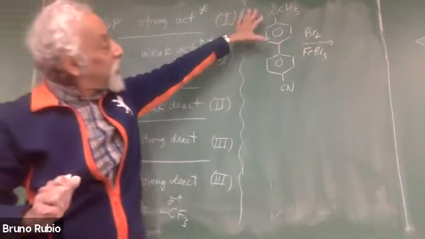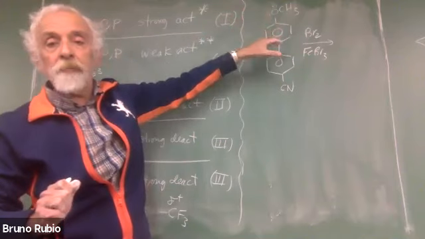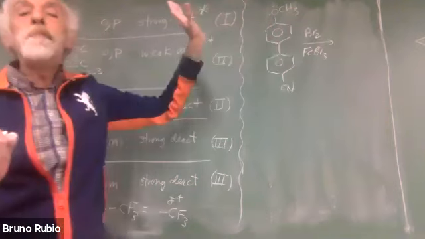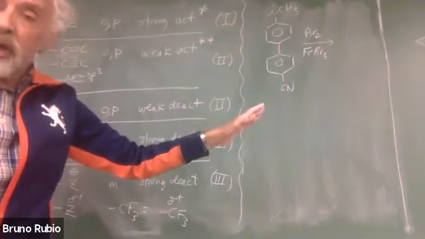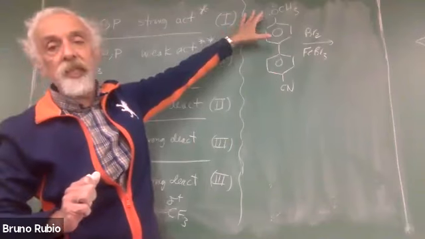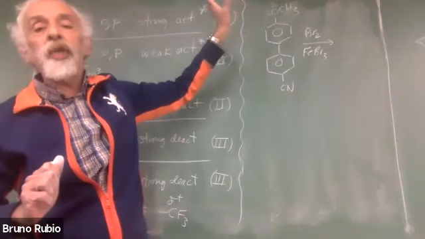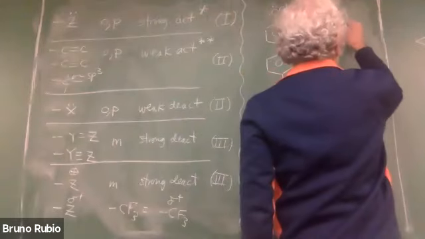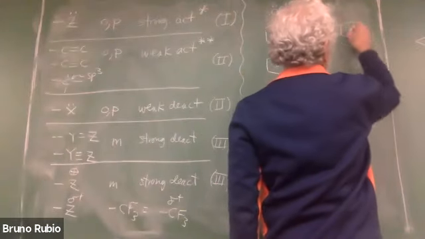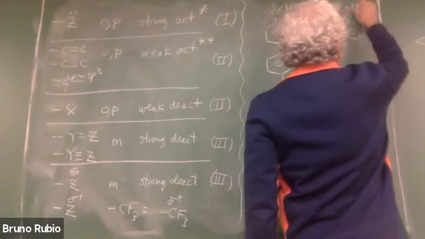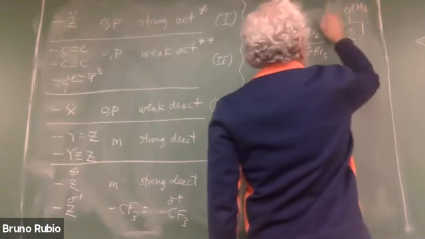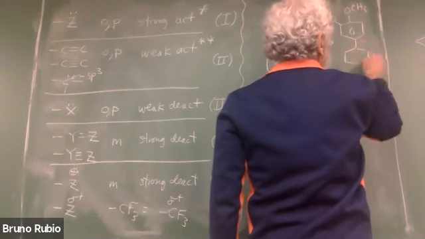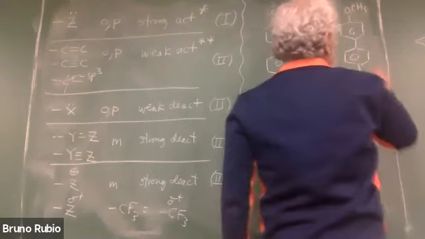So this is an ortho-para director, but because the para position is blocked, the new substituent must go ortho to this methoxy group, steric hindrance or no steric hindrance. So the product here is going to be the product of ortho substitution.